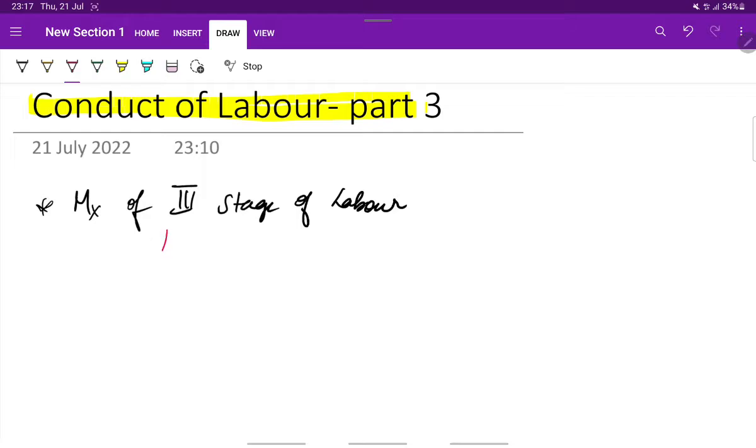As we all know, the third stage of labor extends from the delivery of the fetus to the delivery of the placenta.